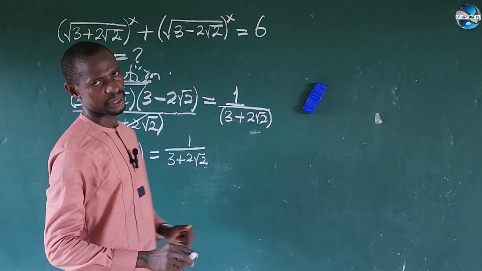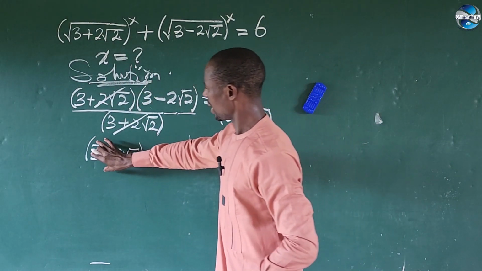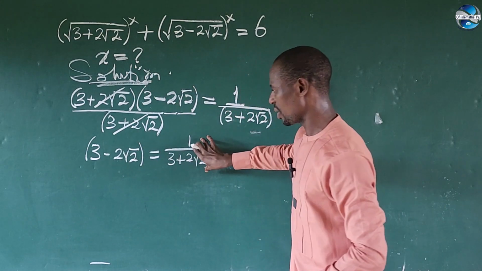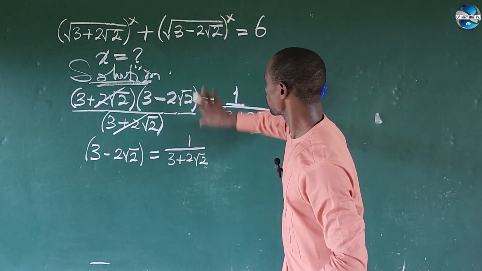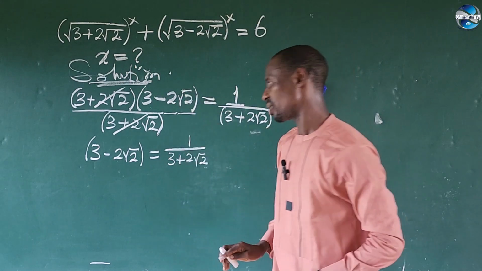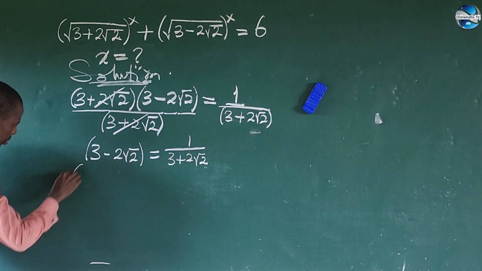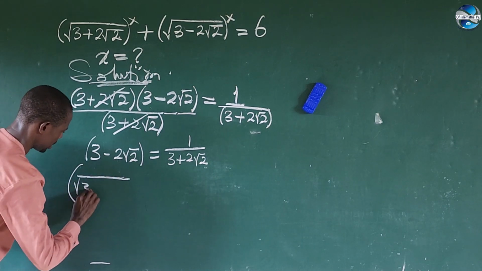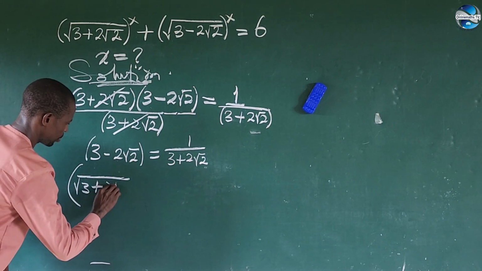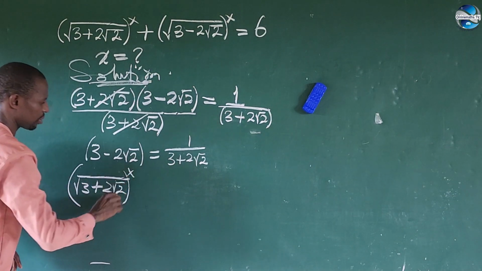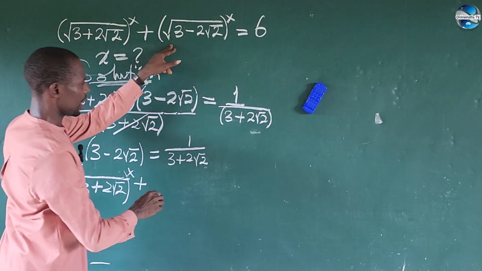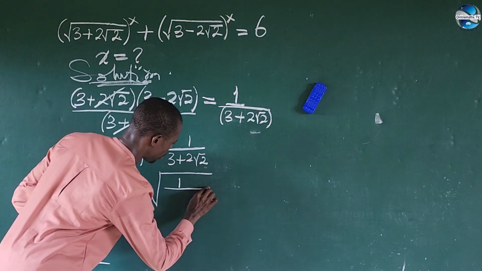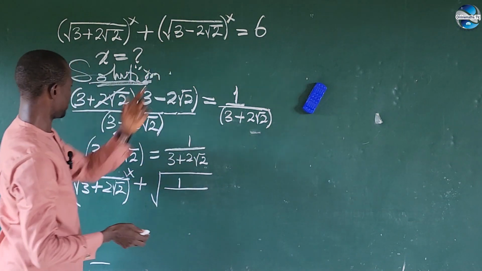Now, what do we do next here? It is easy. You now discover that this quantity is the same thing we have here, and this is equal to this. So we can put the whole of this quantity in place of this. So I want to rewrite the original equation. So rewriting the original equation, we now have the square root of 3 plus 2 root 2, all to the power of x, plus the square root of 1 all over 3 plus 2 root 2, because what we have here now is this.